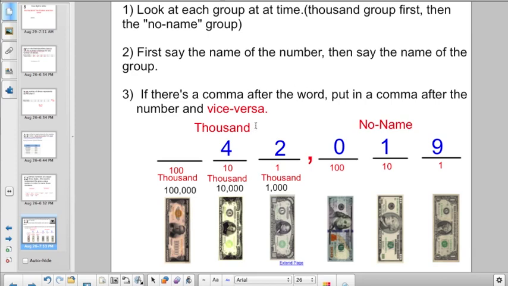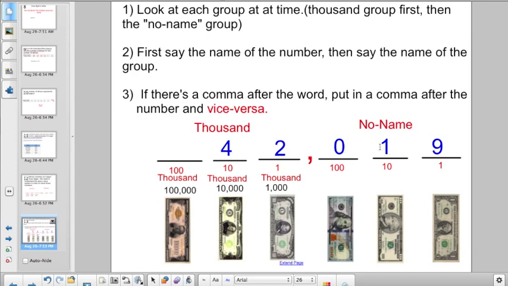So let's take a look at what I mean by this. Look at each group at a time. The 1,000 group first. In the 1,000 group, I have a digit 4 and the digit 2. So say the name of the number, which is 42, and then say the name of the group, 42,000. Now let's go over to the other part. Here I have a 0, 1, and a 9.